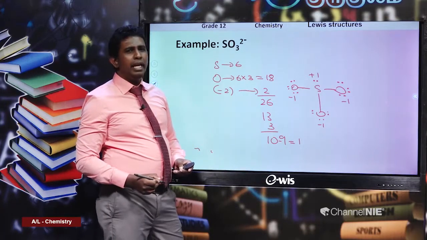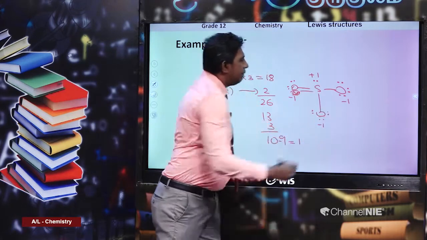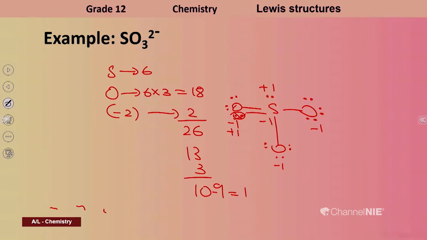Then you give dative bonding. You give 1 dative bond and see. Then it's +1 on the donor, -1 on the acceptor. The mid atom's charge is cancelled, and this oxygen atom's charge is also cancelled. Then 2 minuses are left on 2 oxygens there.